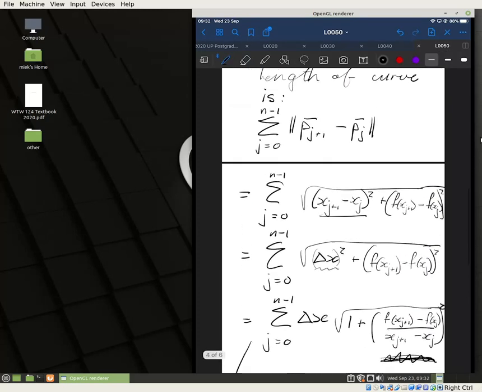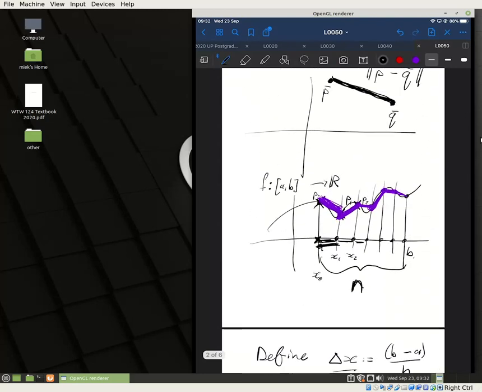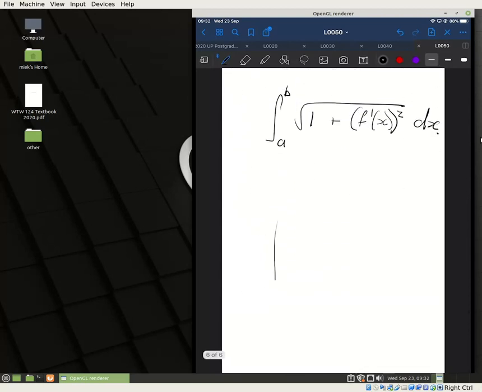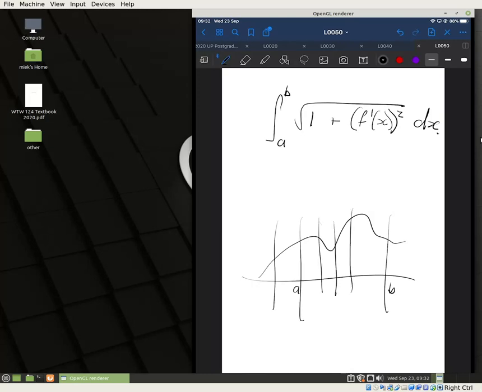So just to reiterate, how did we get there? We took our curve and we subdivided it into n equal parts, and we approximated the length of our curve by the straight line segments connecting the endpoints of our subdivisions.